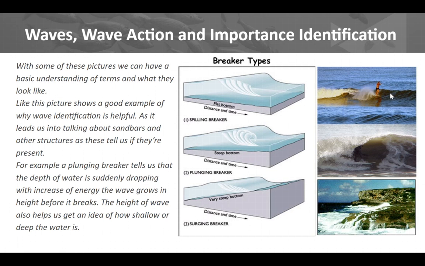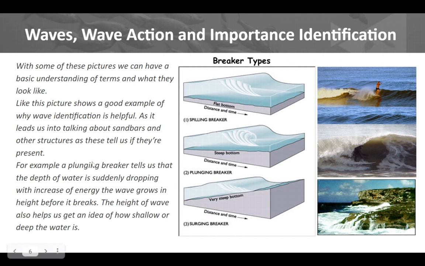The importance is to tell the difference between the wave on top and what's happening underneath. If you have a good understanding of these examples, it helps lead into the next part, which is things like sandbars or reefs, to understand that what we're seeing on top gives us an idea of what's underneath, which gives us an idea of the structures involved for fishing, so we can find the best place to fish.